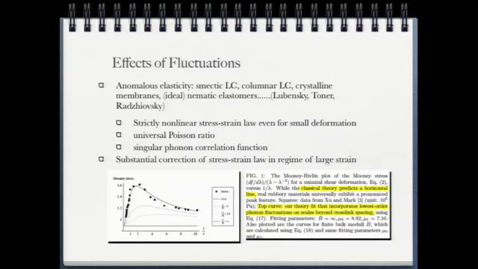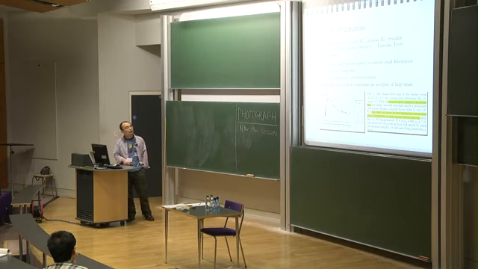One is a strictly nonlinear stress-strain law, even for infinitesimal deformations. Some of the systems also show a universal Poisson ratio: the ratio between certain pairs of elastic moduli is a universal number, independent of microscopic details. And they also show singular phonon correlation functions. The correlation function is not an analytic function.